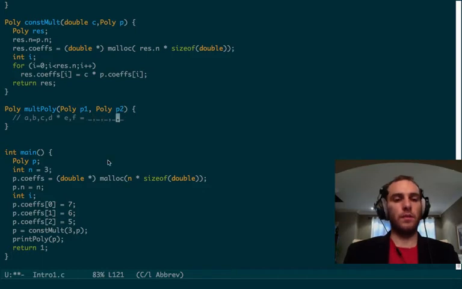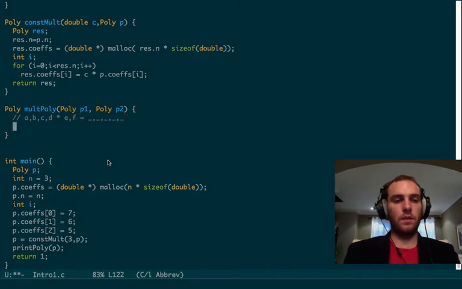The best way to see what's going on is to say if the degree, because the most significant power, biggest power, is going to be the sum of the most significant power in each polynomial. So the degree of P1 plus degree of P2.